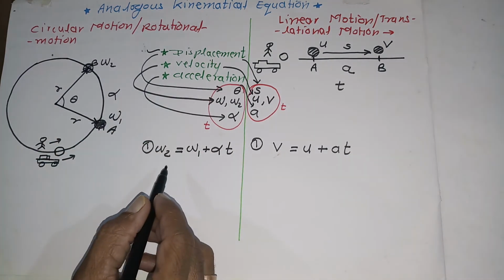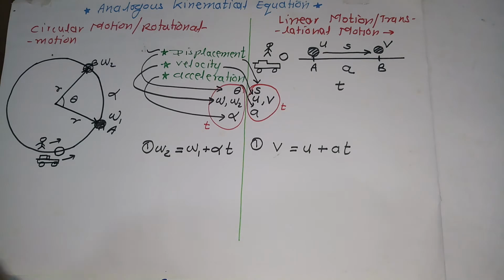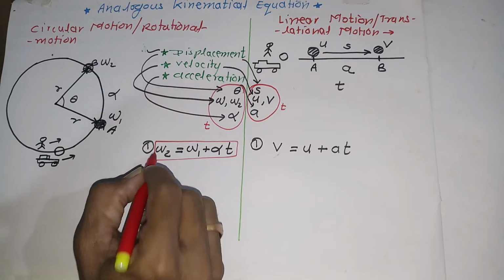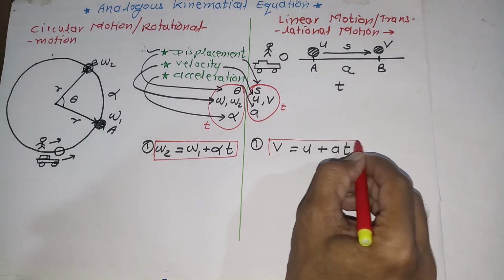So this is the first kinematical equation for circular or rotational motion, similar to the kinematical equation in linear motion.